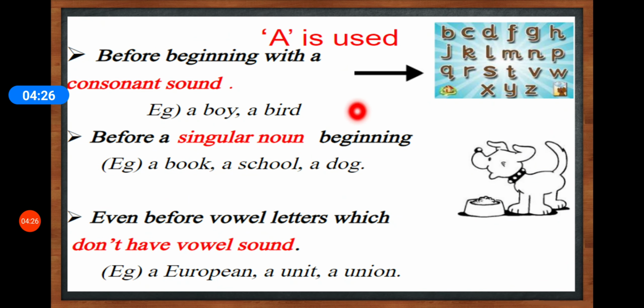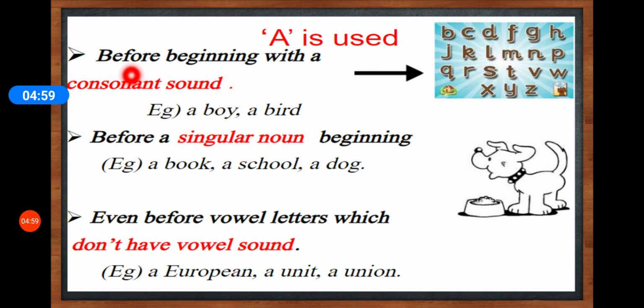Now, about the usage. A is used before words beginning with a consonant sound. Yes, we learnt yesterday what are consonants. These all are consonants. Out of the 26 alphabets that we have in our English language, 21 are consonants.